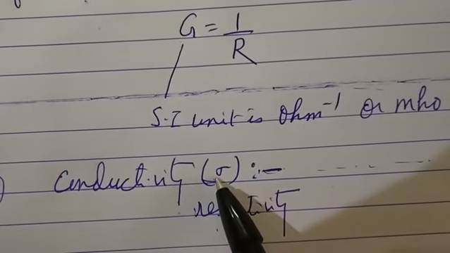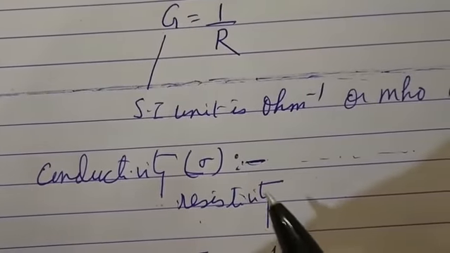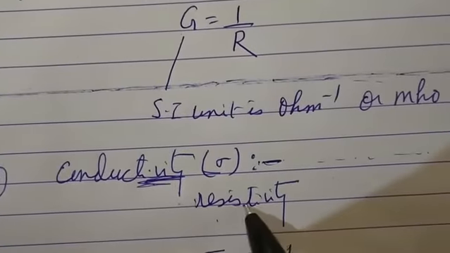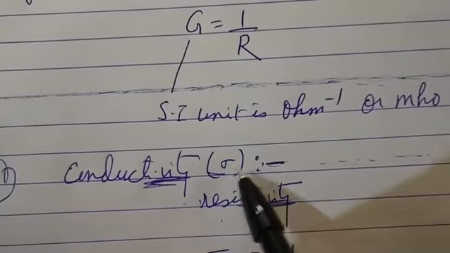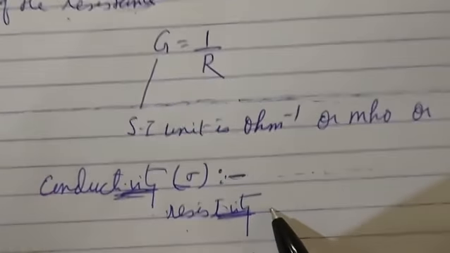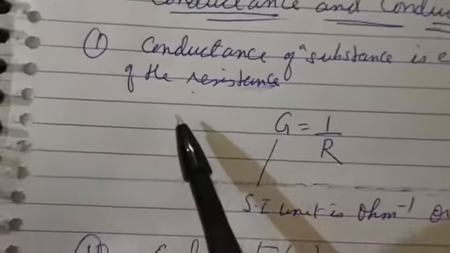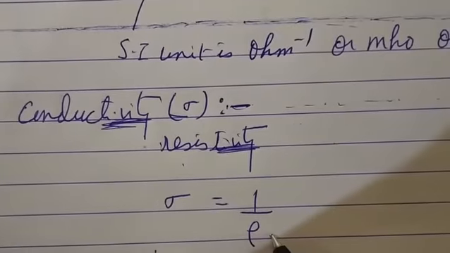It is denoted by sigma. It is the reciprocal of resistivity. So conductivity is defined as the reciprocal of its resistivity. It is equal to the inverse of the resistivity, so sigma is equal to 1 upon rho.